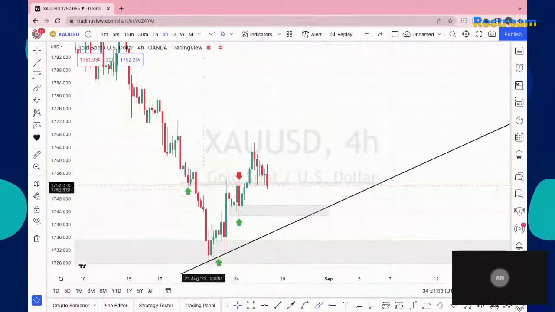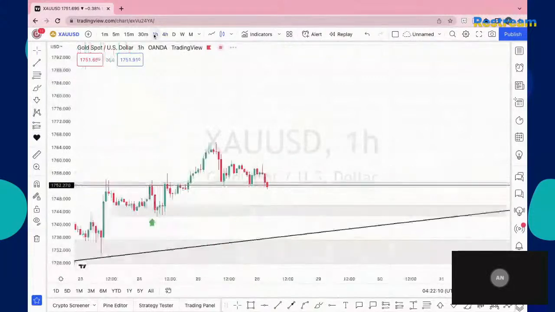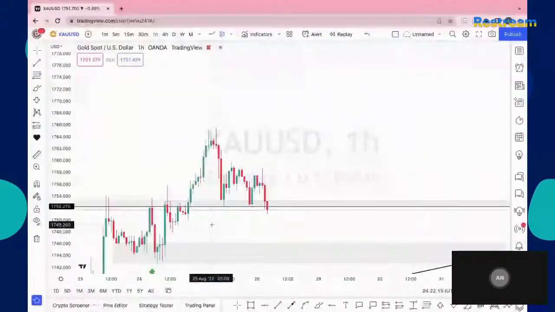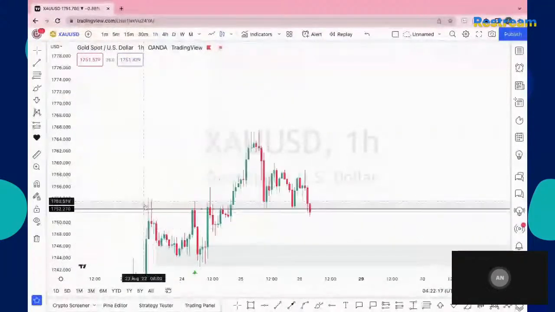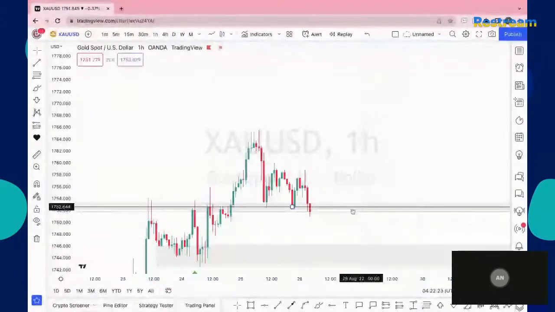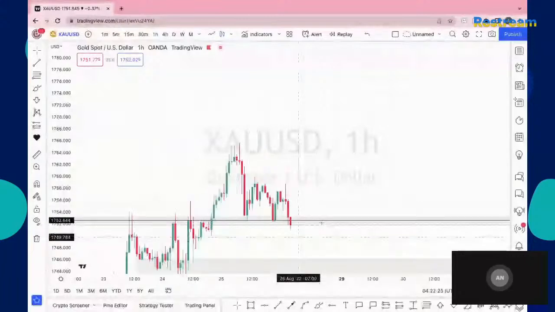Removing these, we are looking at creating support here at 1750. And obviously there are other things that gold came down to do.